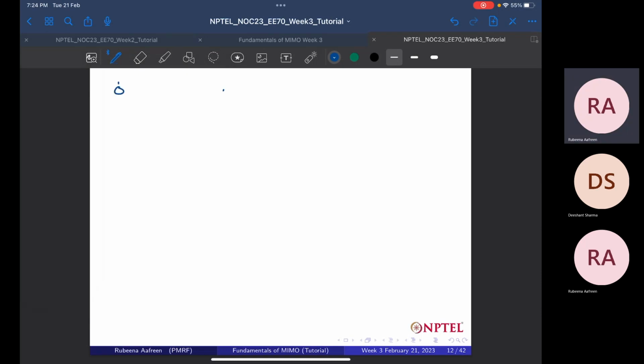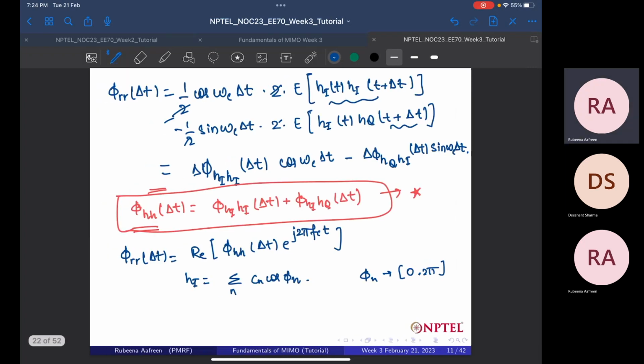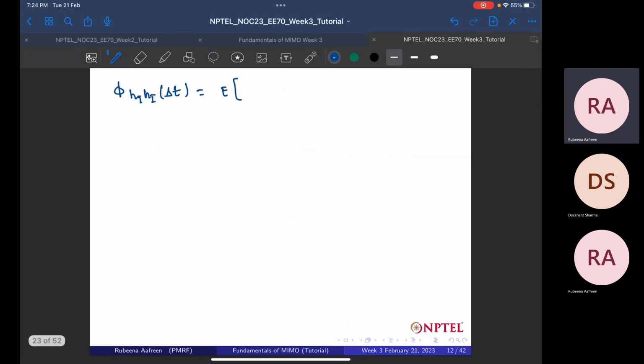So when you calculate phi of hi delta t, this is the expectation of this term. This is a function of t.